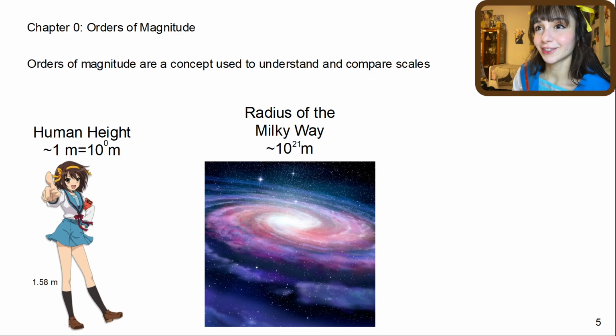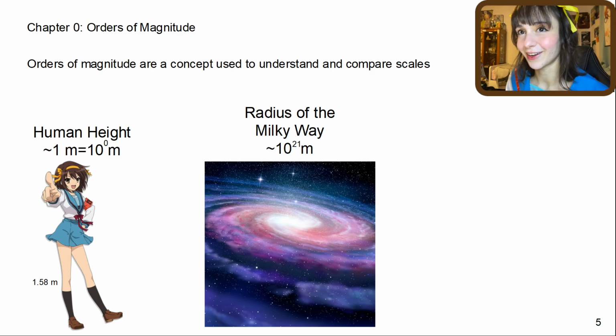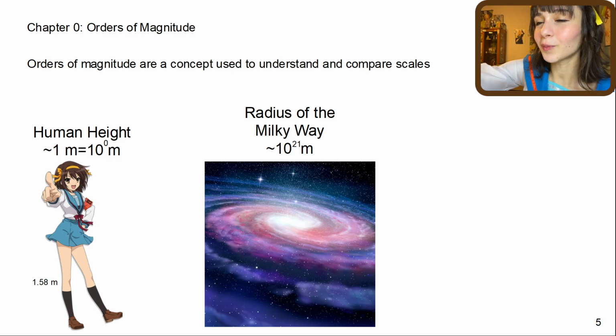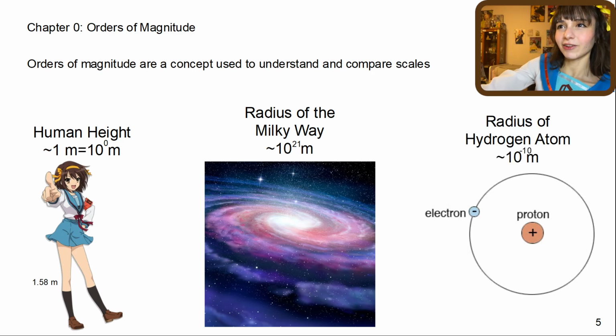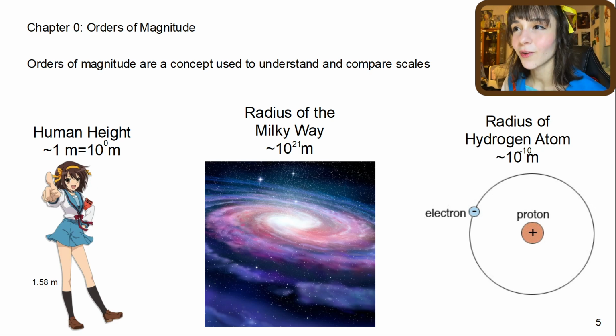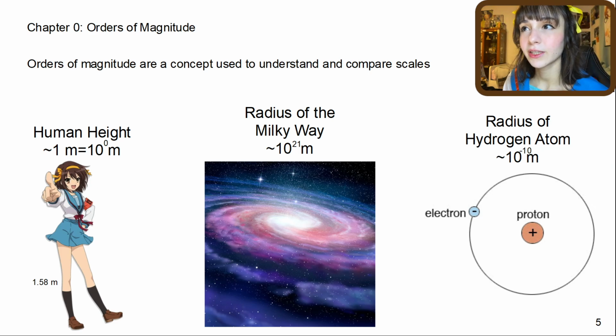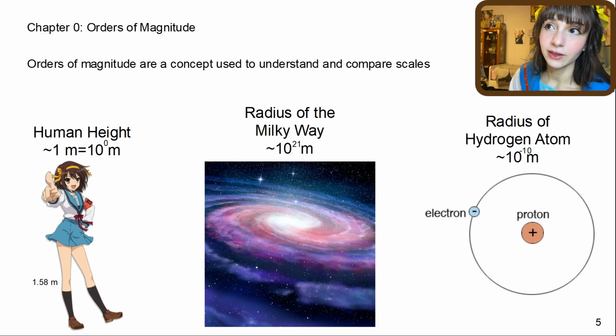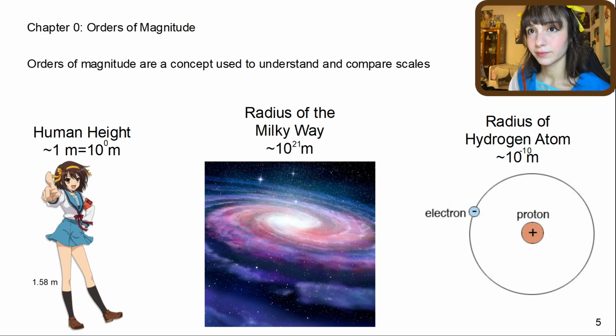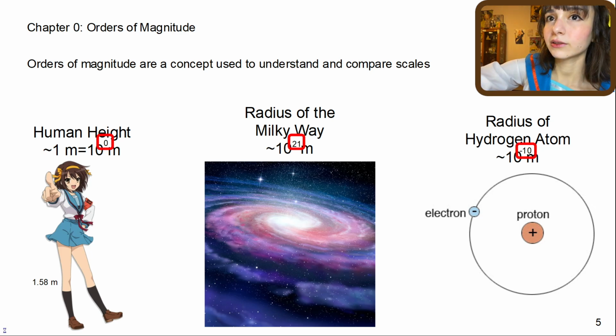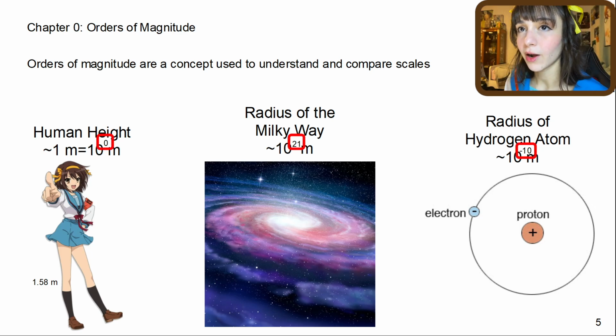So 10 to the 21 instead of 10 to the 0. Order of magnitude 21. A lot bigger than Haruhi. And then we have another example, something really small, which is the radius of a hydrogen atom, which is approximately in the order of magnitude of 10 to the minus 10. So all these little powers are what we call orders of magnitude.